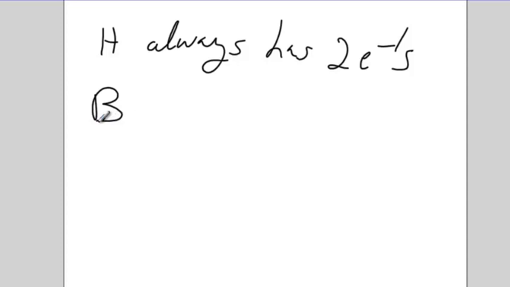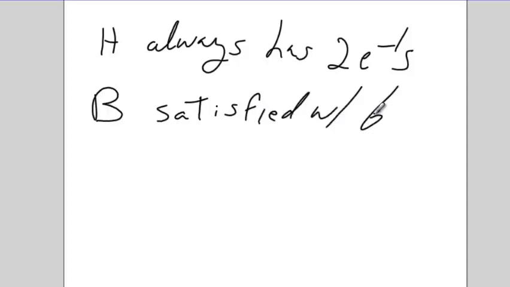Boron is actually another one that will break the octet rule. It's satisfied with 6 for reasons we don't need to go into. Boron is just weird. It's its own specialty of chemistry.